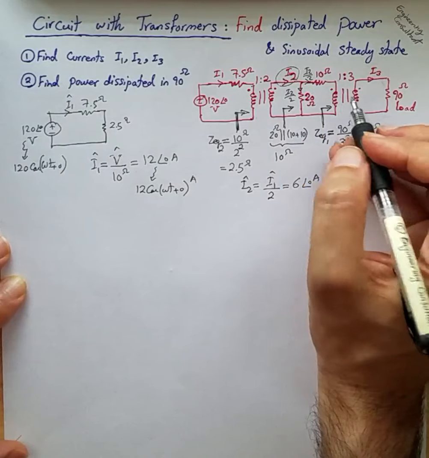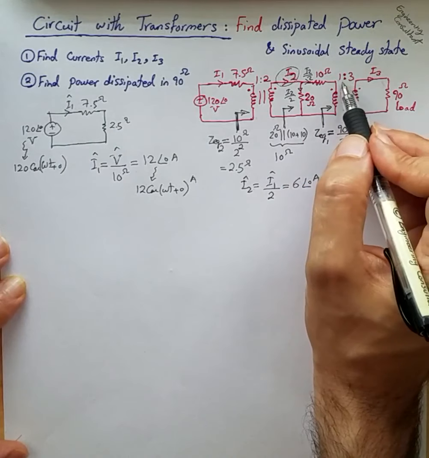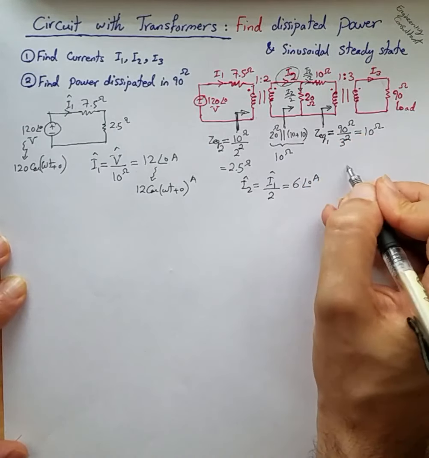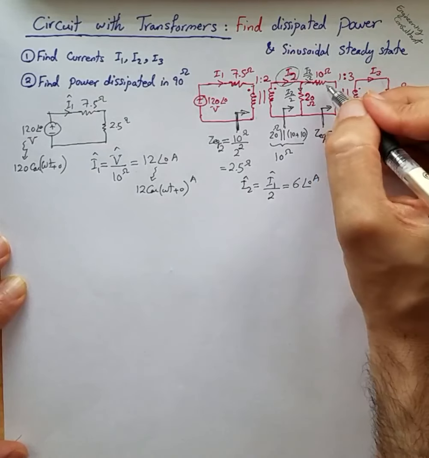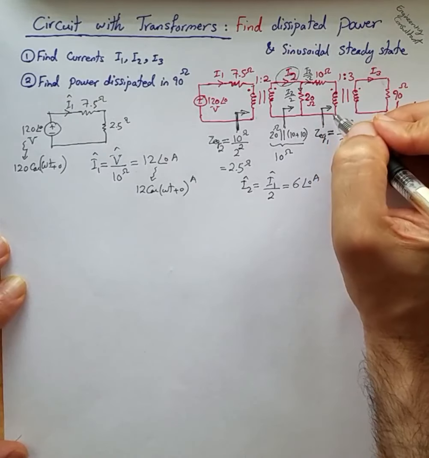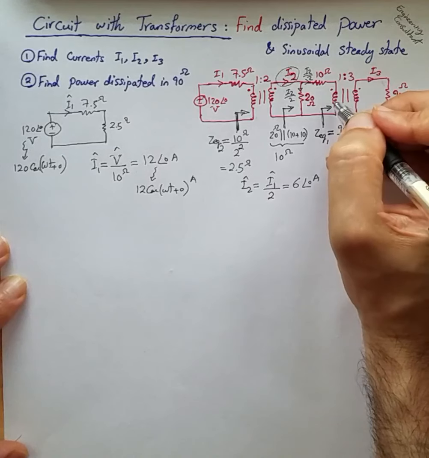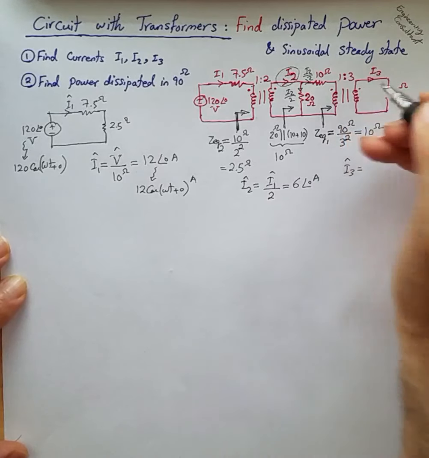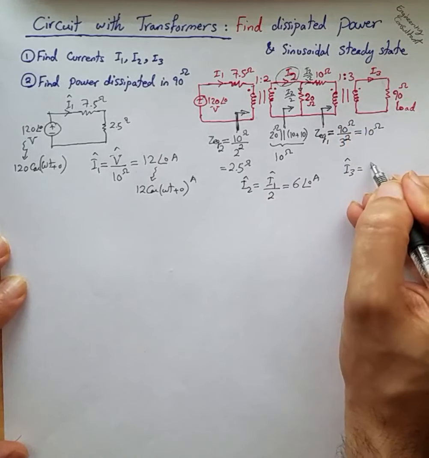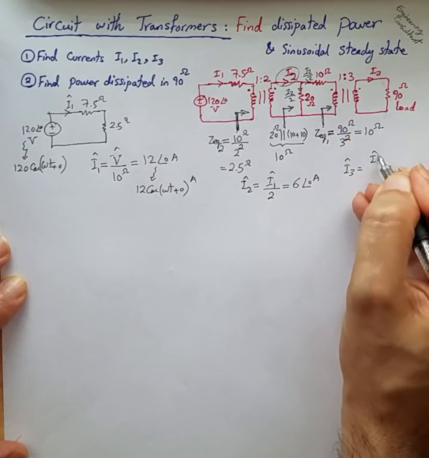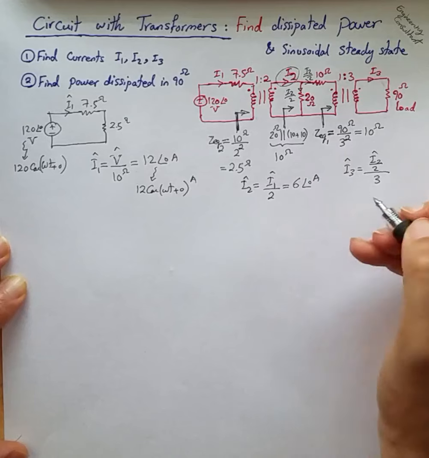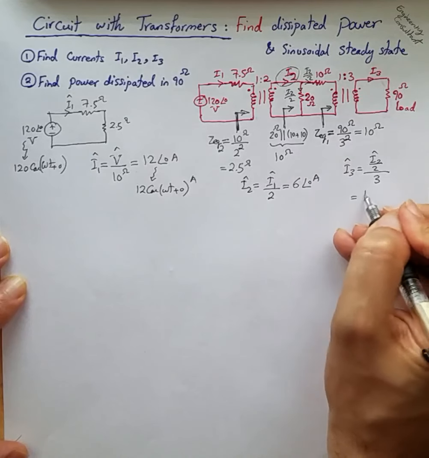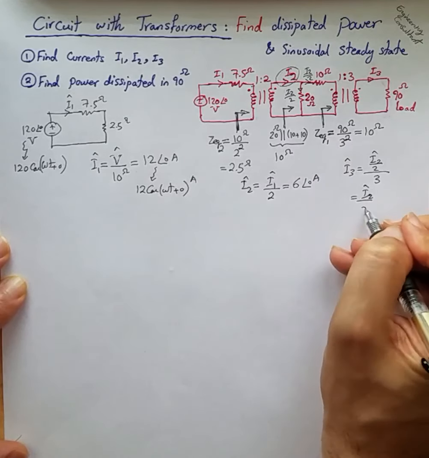Because of this 1 to 3 ratio, I3 is the current through the left turns divided by 3. So it's I2 divided by 2 divided by 3, which is I2 divided by 6.